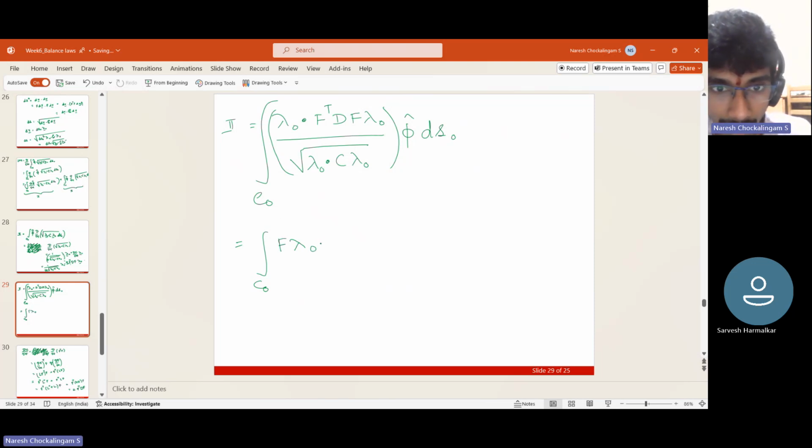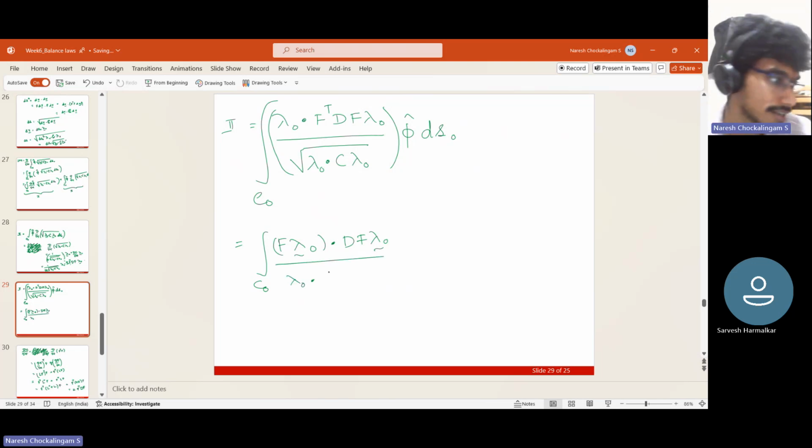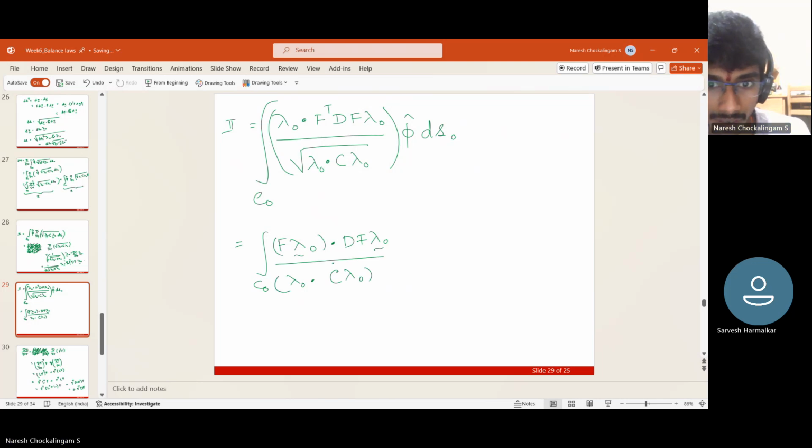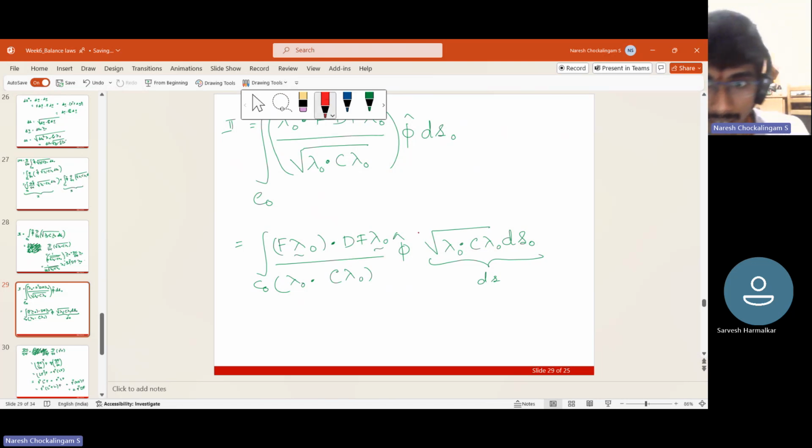So you get F lambda naught dot D F lambda naught divided by lambda naught dot C lambda naught. You get a phi cap. You get the square root of lambda naught dot C lambda naught ds naught. What is this? This is nothing but ds. So in Eulerian, this term together is nothing but ds.